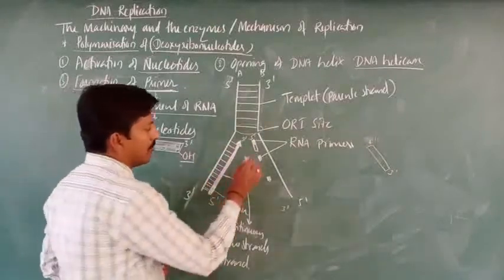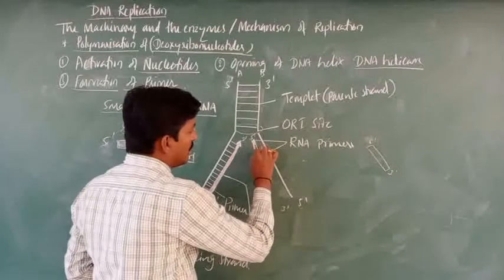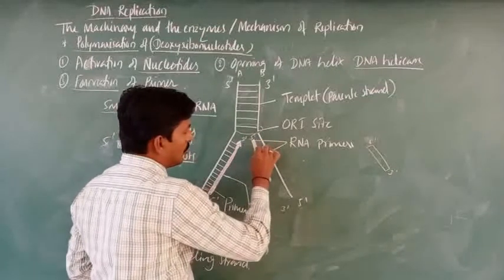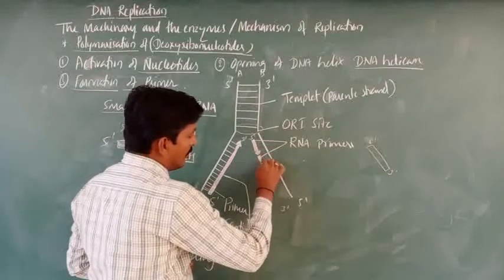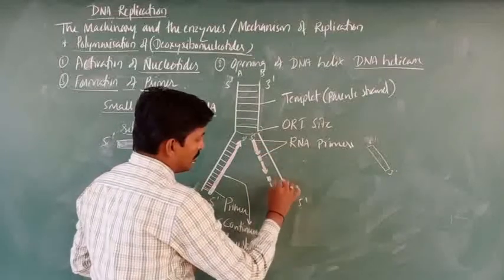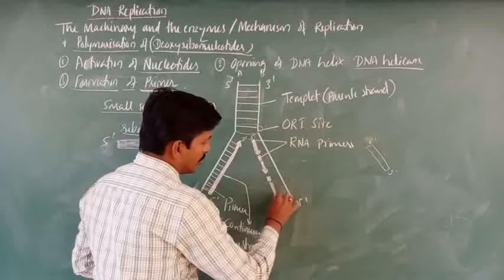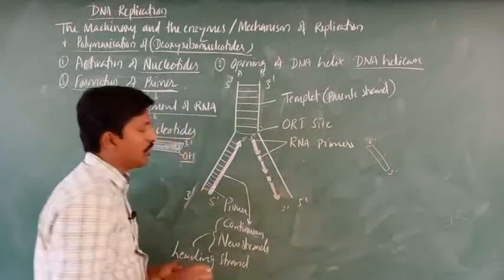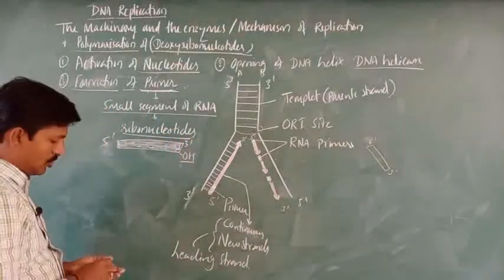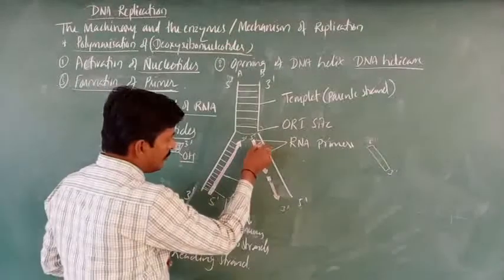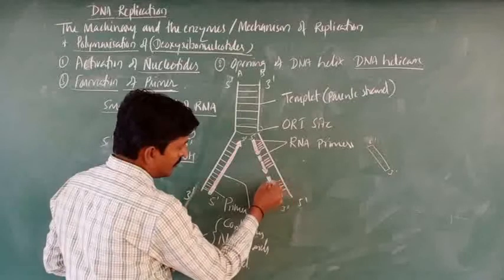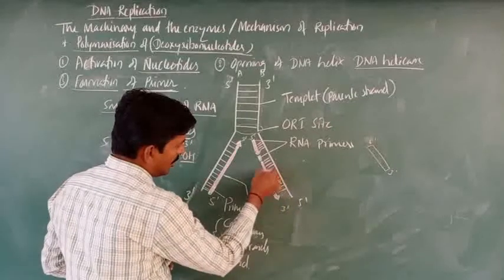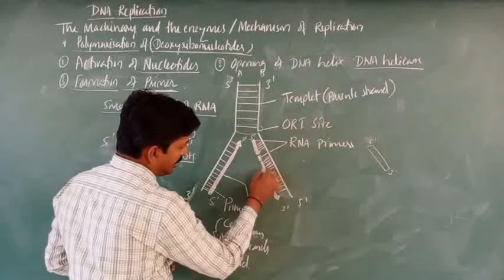Many primers are formed, and to continue that, the deoxyribonucleotides join in this way. This way deoxyribonucleotides are joined to form a new strand. Right, in this way segments are formed now.